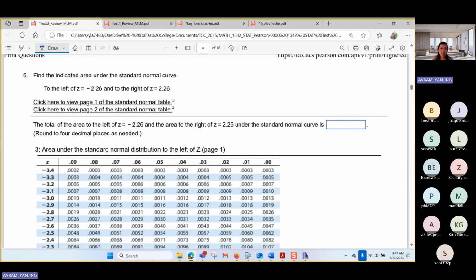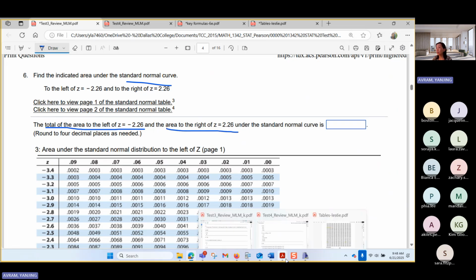Let's look at number 6. Find the indicated area under the standard normal curve. That means that's the bell curve, right? To the left, z-score is negative, and to the right, z-score is positive. So this one, you want to find the total area to the left and the area to the right.